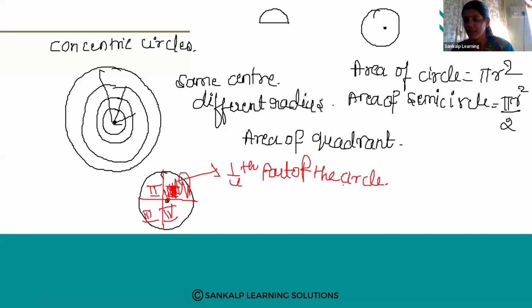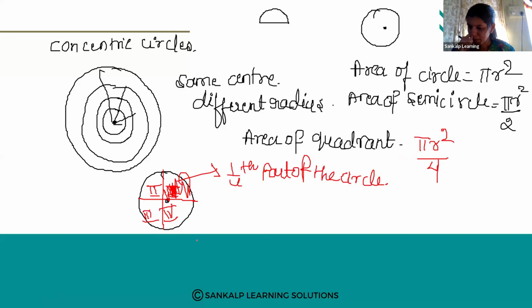Then the area of the quadrant is pi r square divided by 4. This is the full circle area, pi r square. Quadrant means 1/4 part, therefore pi r square divided by 4. So this is about the area of a quadrant.